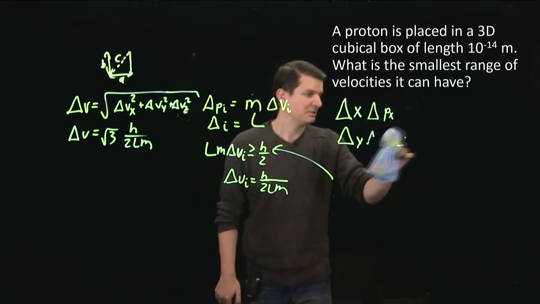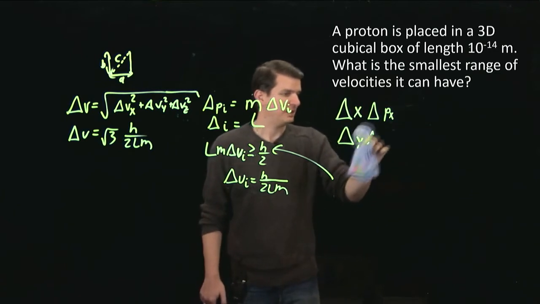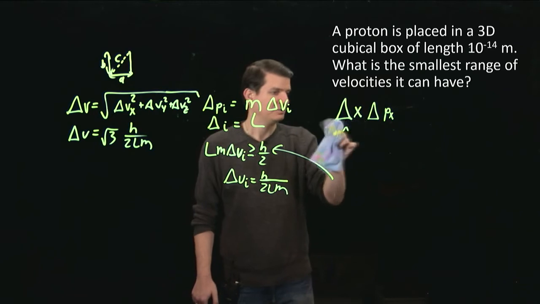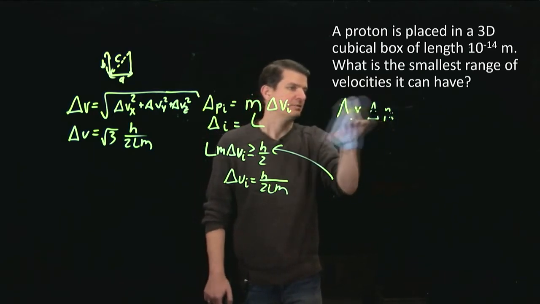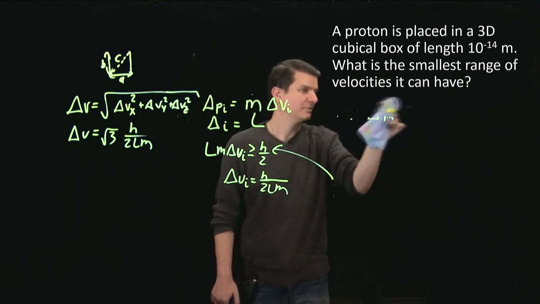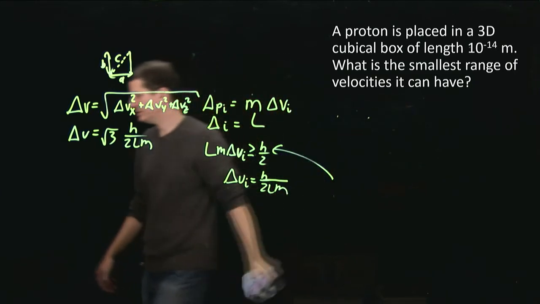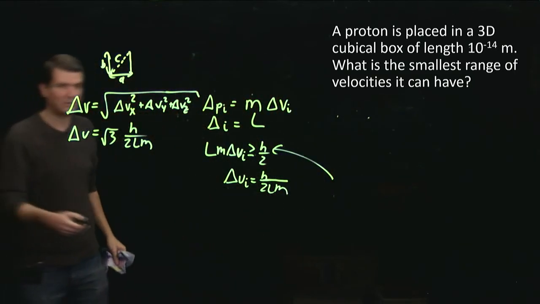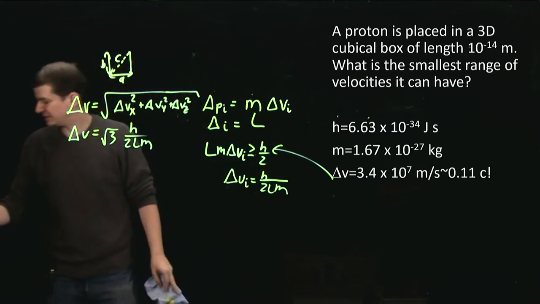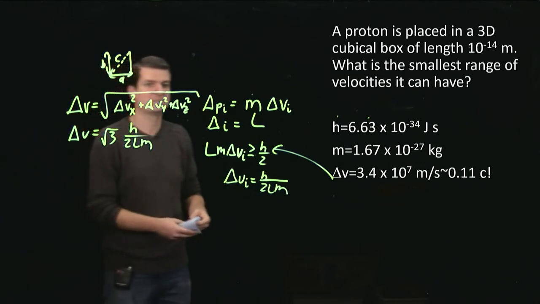That's also where you can find the value of h. The value of h in SI units is 6.64 times 10 to the negative 34 joule seconds. The value of the mass of a proton is 1.67 times 10 to the negative 27th kilograms.